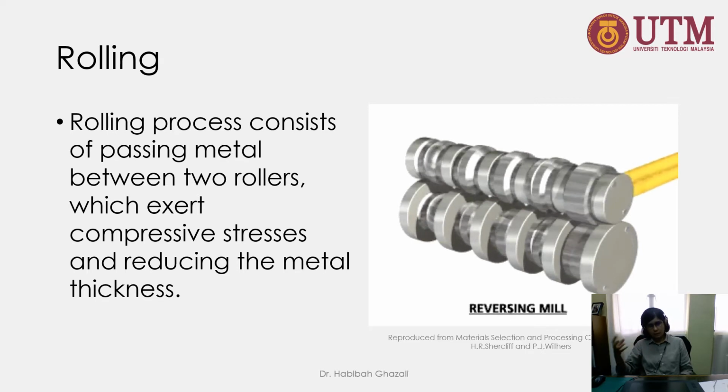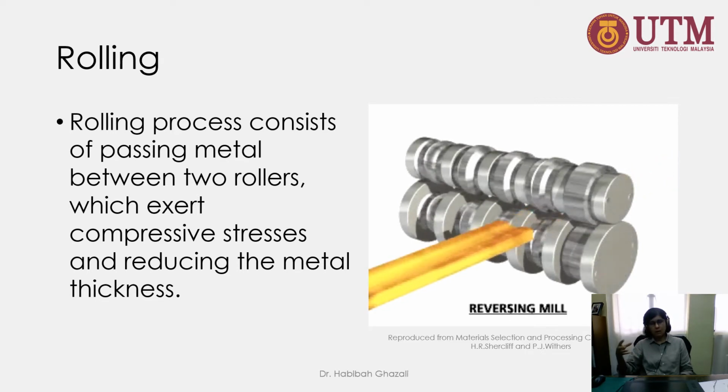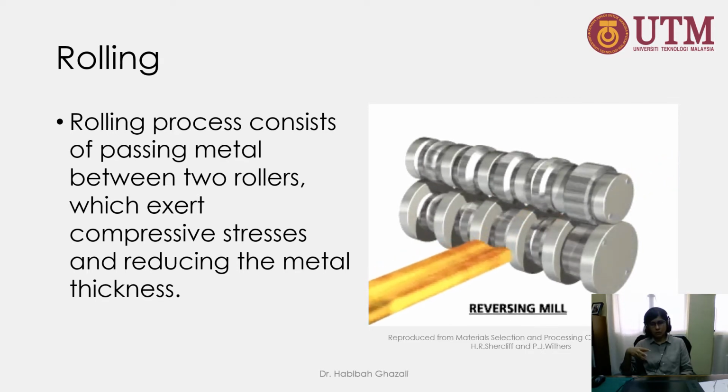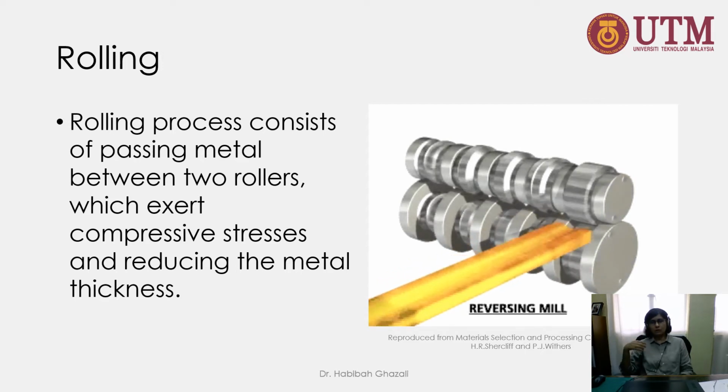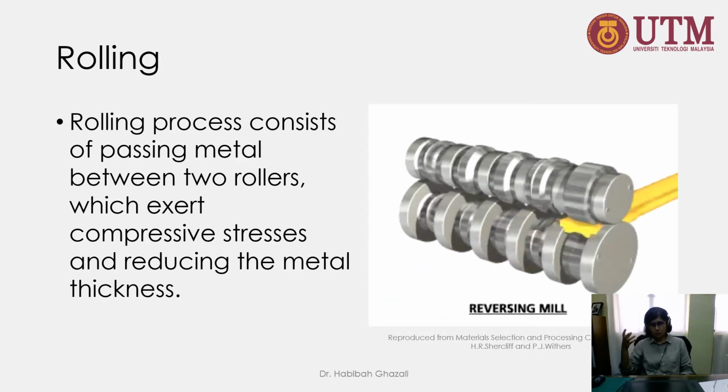So as you can see here, the metal passes through the rollers over and over again to change its dimension, and for some of them to change its shape as well, in accordance with the shape of the roller.